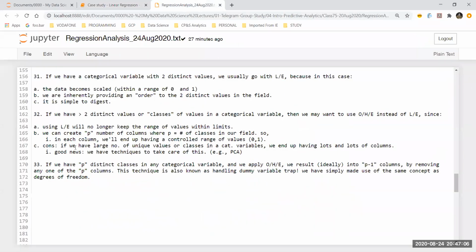So let's quickly write down a couple of lines of notes and then we can continue.